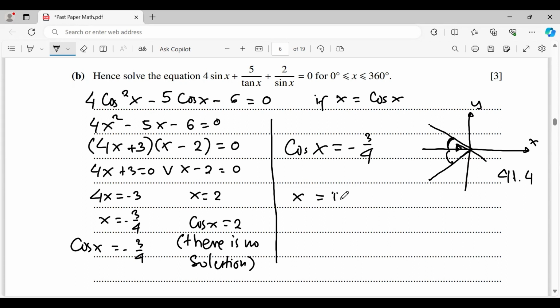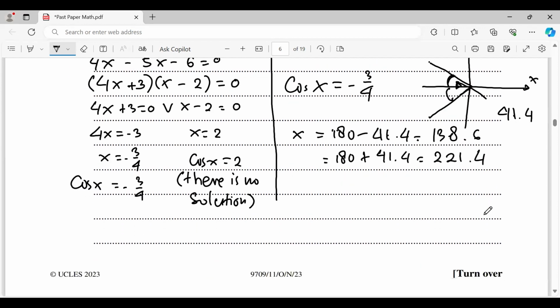So x equals 180 minus 41.4, and as well 180 plus 41.4, which is 138.6 and 221.4.